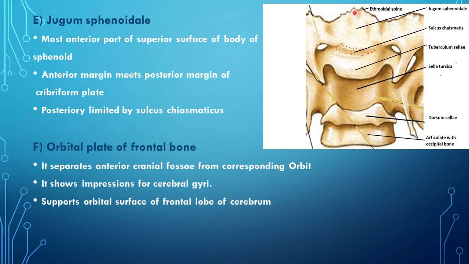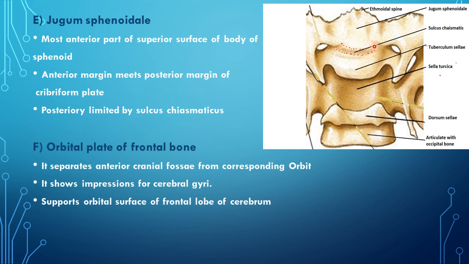The anterior margin meets the posterior margin of the cribriform plate. We had seen that the cribriform plate of ethmoid was coming here. So the anterior margin meets the posterior margin of cribriform plate of ethmoid, and posteriorly it is limited by the sulcus chiasmaticus. This depression here is the sulcus chiasmaticus, and the anterior border of sulcus chiasmaticus is the posterior limiting end.